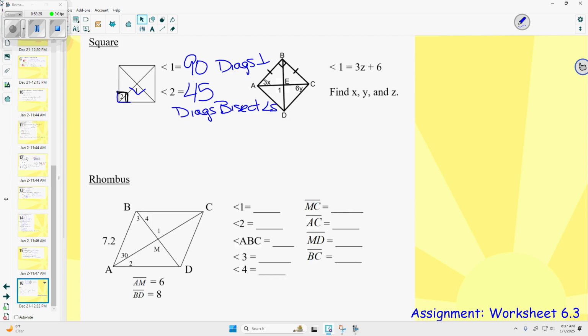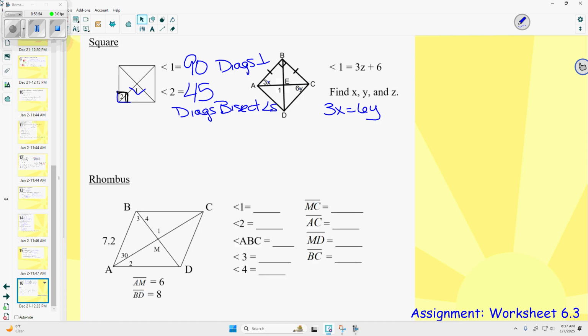All right, the next one. We're going to find x, y, and z. Again, it's a square. Give me any fact you know. 3x does equal 6y. I will agree. Can we use those when I have two different variables? No. So we got to have something else we know about 3x and something else we know about 6y.